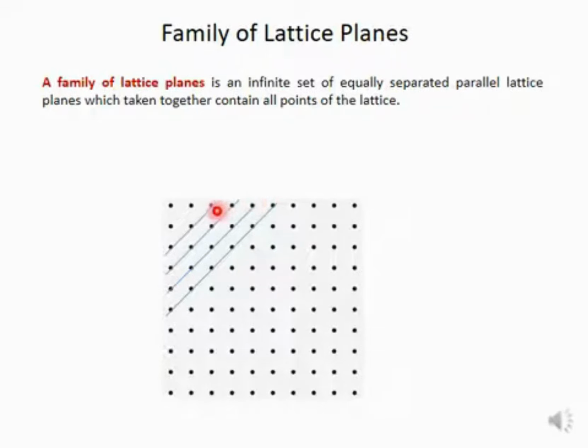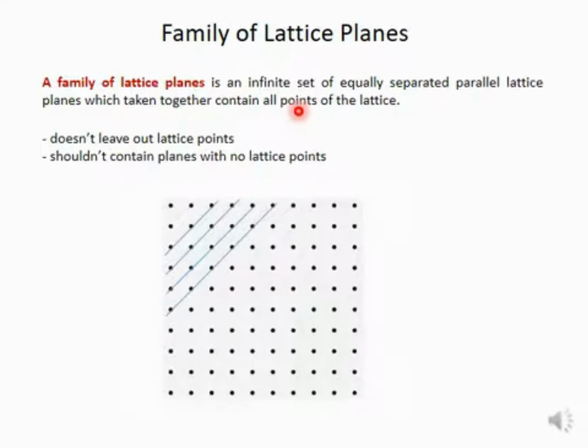By the definition, they form a set such that they are equidistant from each other, and if you extend these lattice planes in either direction, that set of lattice planes can cover all the lattice points in such a lattice up to infinity. So this would be a set of crystal planes, called a family of lattice planes, and you can take another set of lattice planes.